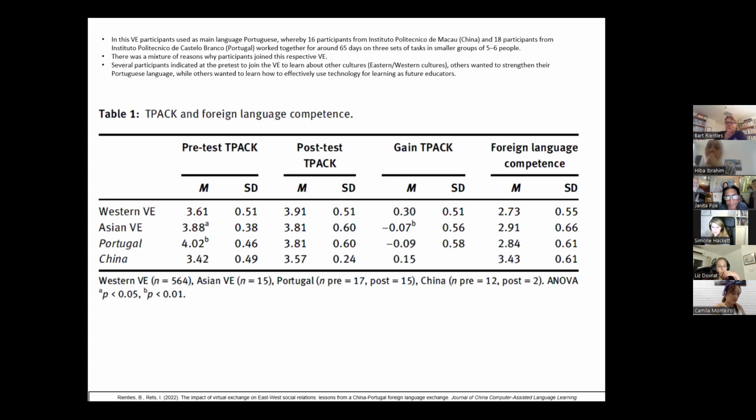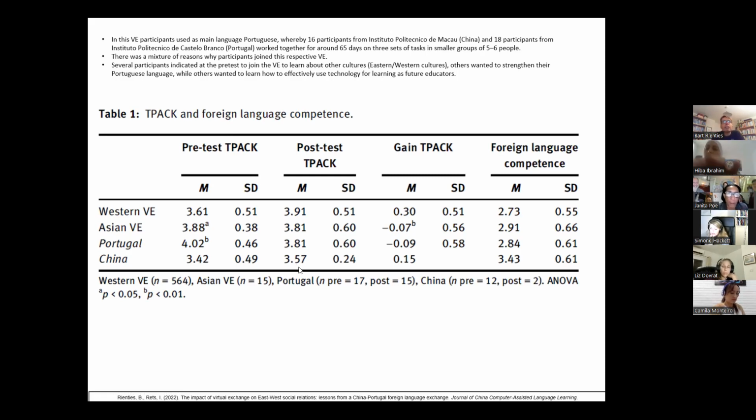So if we look at the quantitative data again, and apologies that I'm rushing through all the quantitative data, we found in our overall studies that in all so-called Western virtual exchange, participants had a positive learning gain, while participants from Asia, and we didn't have a lot of Asian students in our setting, seemed to have a negative learning gain over time.